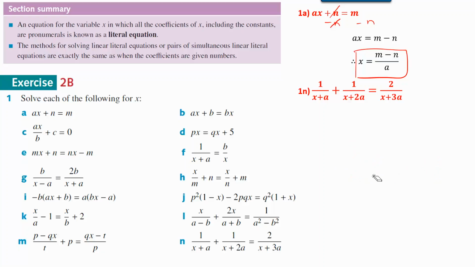What's the quicker way? Yeah, that's so ugly.